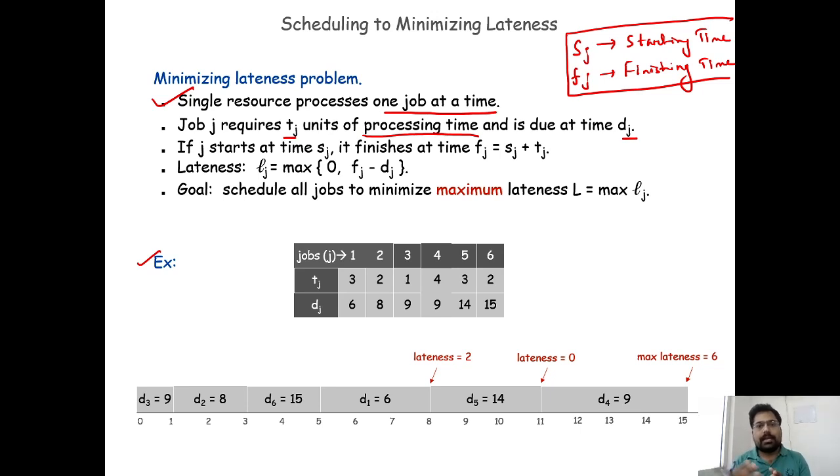Like I told you, you have to reach within 5 minutes. That is d_j, which in our case is 5 minutes. Whenever you reach, it depends on your speed.